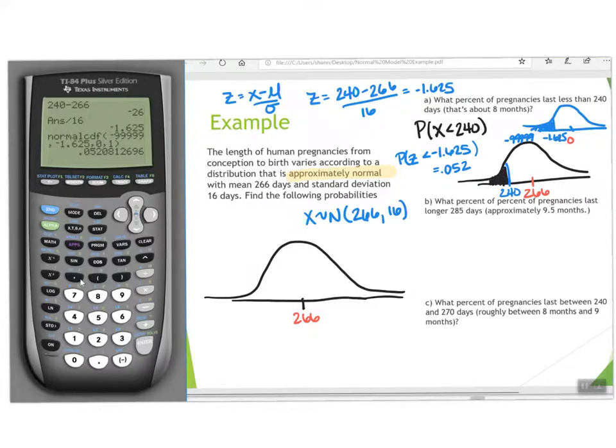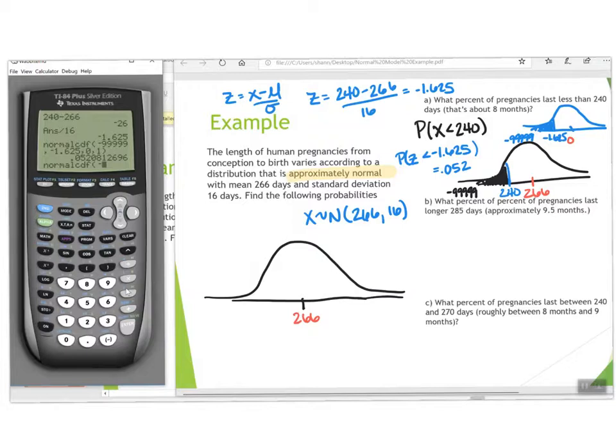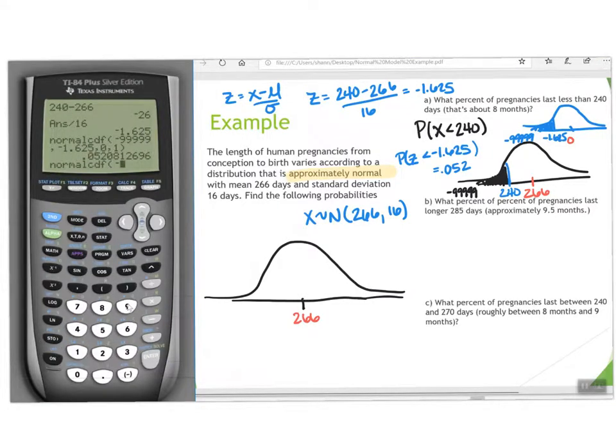This time we go second vars, normal CDF, with a lower bound of negative 99999. The upper bound this time, instead of the z-score we just found, is the actual x from the problem, which is 240.